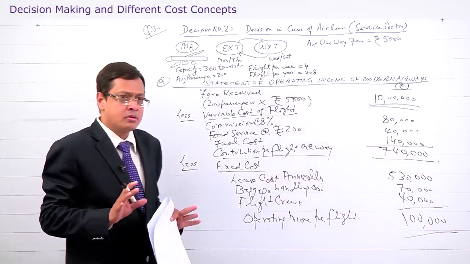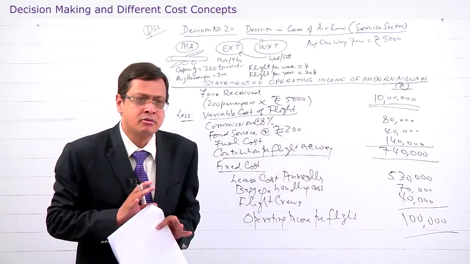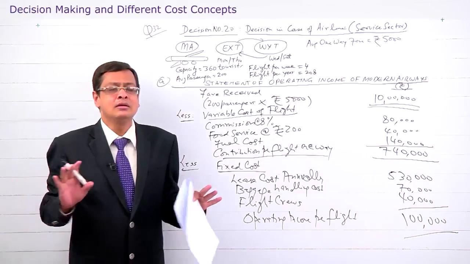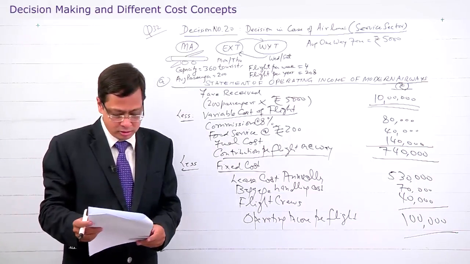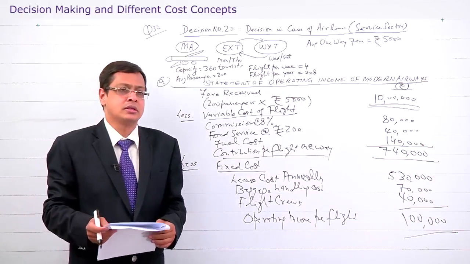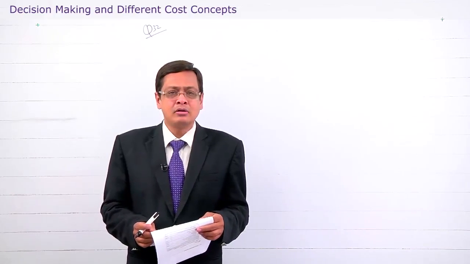So simple question, easy question if you read the lines very cleverly with full confidence. So friend, now we go to the second part of the question. So we move to the second part of the solution.